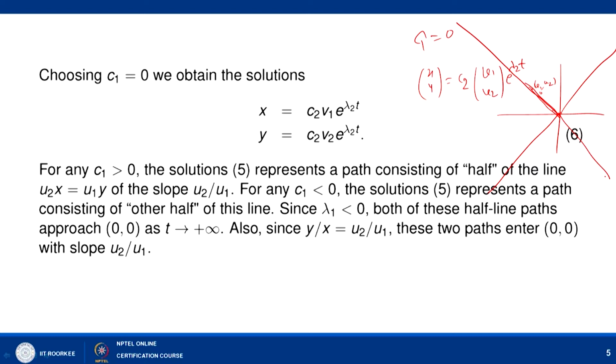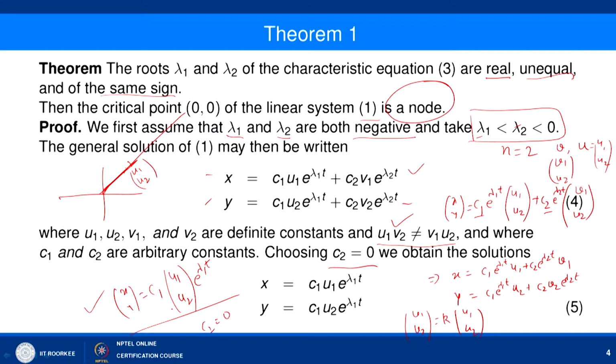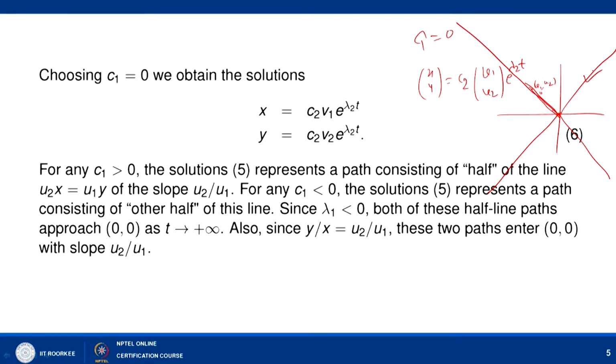So when C2 is equal to 0, depending on whether C1 is positive, it will represent this line, and if C1 is negative, it will represent this line. Similarly, when C1 is equal to 0, it will be along the vector V1, V2, and C2 positive will give you this line and C2 negative will give you this line.